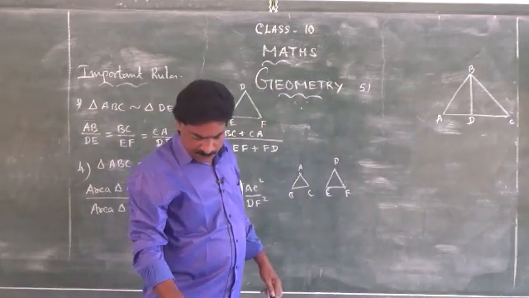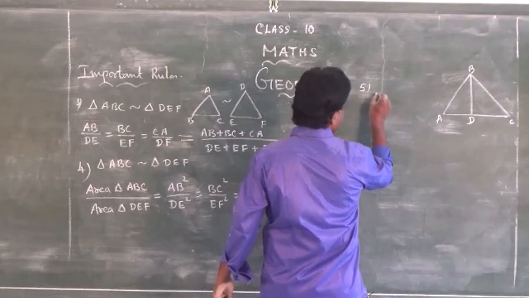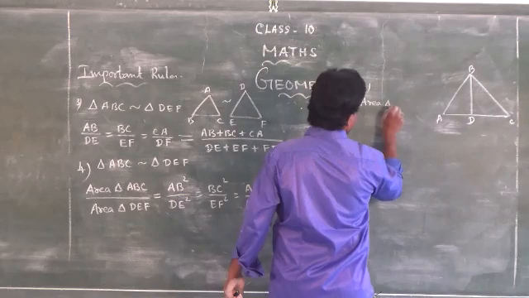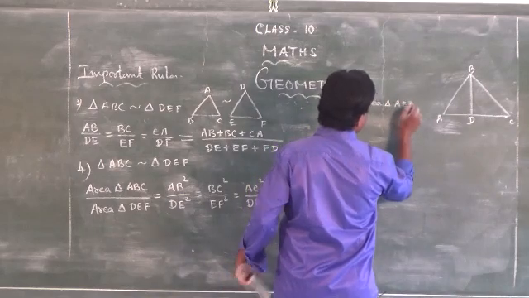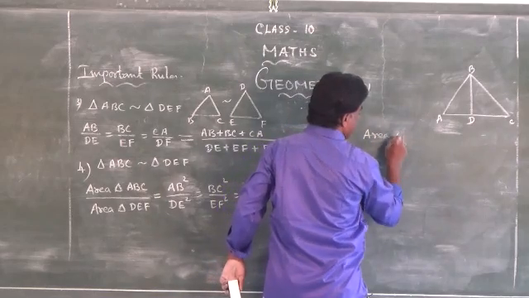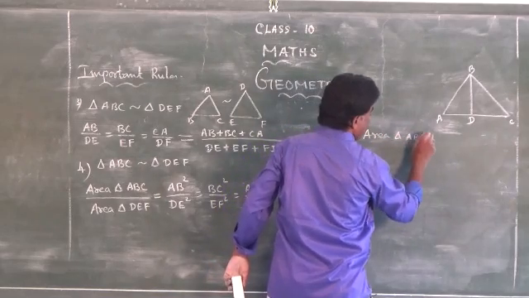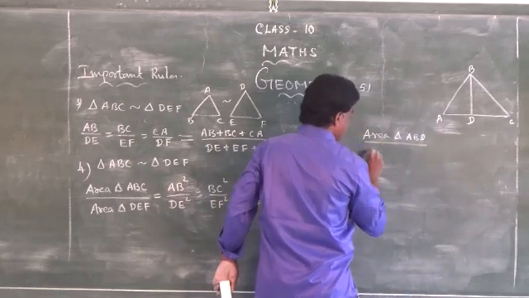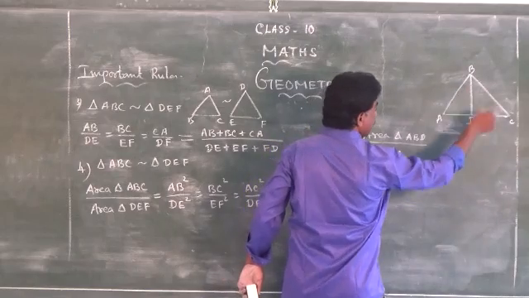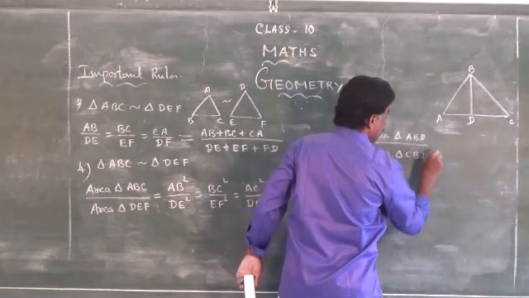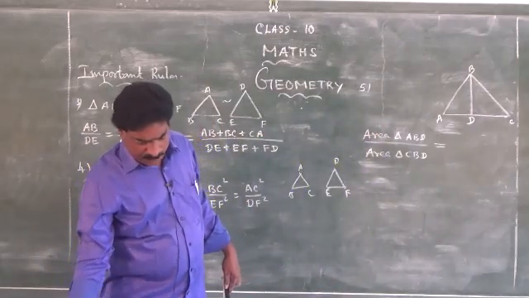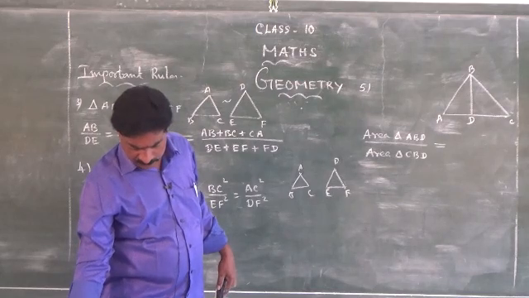The ratio between the areas, that is, area of triangle ABD by area of triangle CBD, is equal to the ratio between the lengths of the bases.